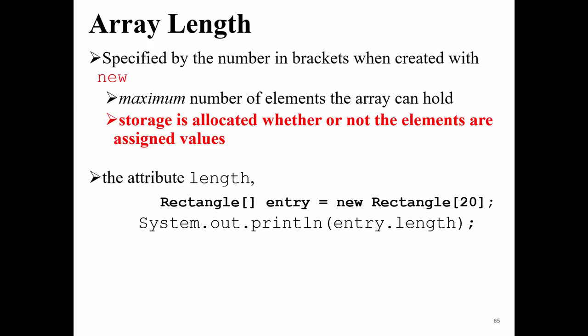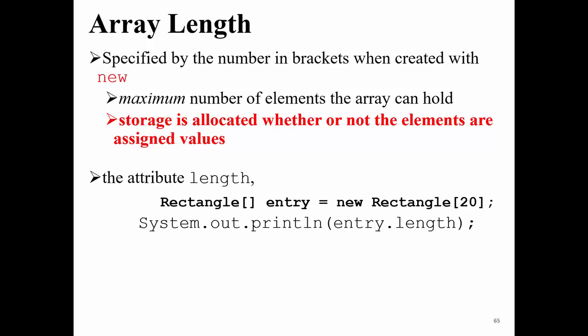Like this room, we have all these chairs. Are all these chairs full? No, but we have these chairs in the room. So we create the lecture room with this number of chairs. This is the maximum number of chairs in this room. Are we using all the chairs? That's a different story. It's the same thing in Java. You create the array with a maximum length. You might not be using all of them.